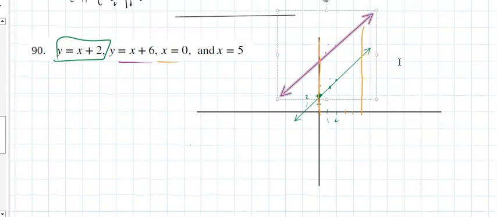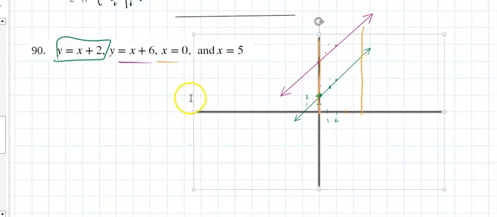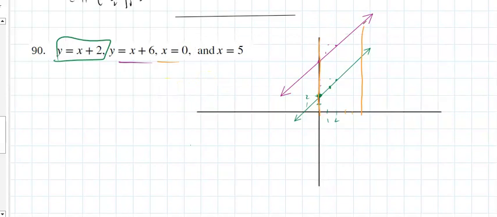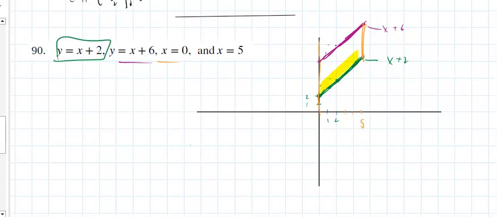There we go. Now, I'm only interested in that piece, and I'm only interested in that piece. We know that this is x plus 2, and we know that this is x plus 6. I don't need the lines. And we're chopping it off right there at 5. The region in question is right there.